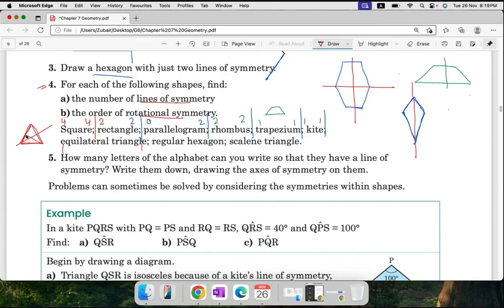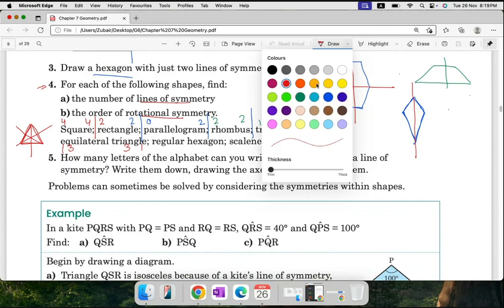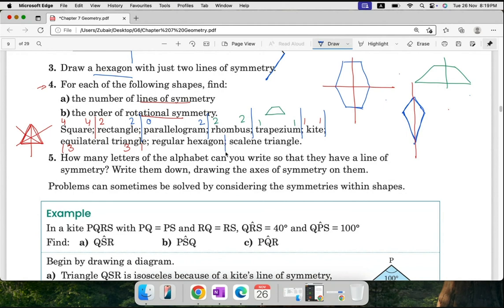In an equilateral triangle, there are three lines of symmetry, and order of rotation is also three. A regular hexagon. In triangle, see, AB will land on BC, and then it would land on the next side, and all angles outside. I get it. Similarly, a regular hexagon has six lines of symmetry, and order of rotation is also six.